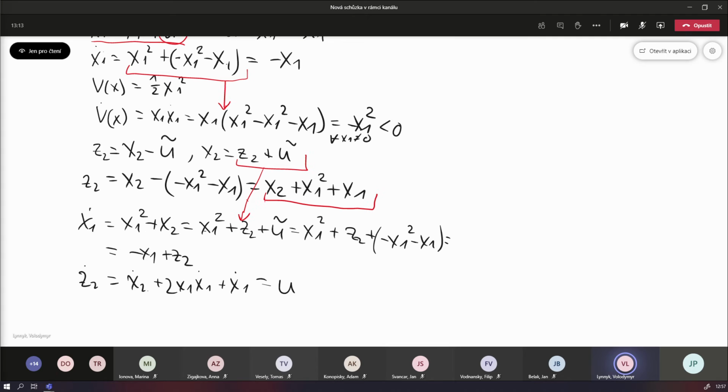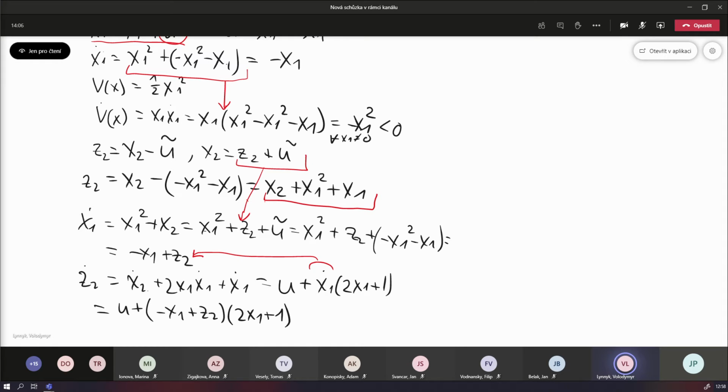We put this u, and then plus x1 dot times (2x1 plus 1), and it is equal to u plus, with x1 dot equal to minus x1 plus z2, times (2x1 plus 1).